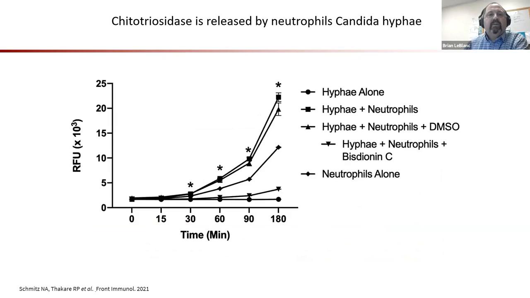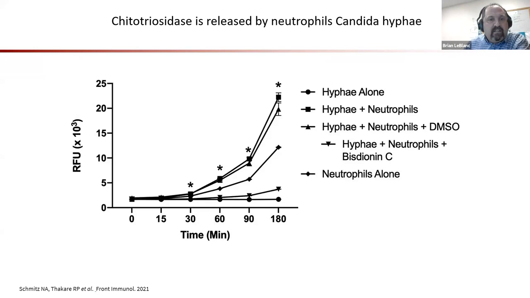So the first thing my lab did was check to see if the neutrophil will release chitotriosidase upon recognition of Candida hyphae. So we put Candida hyphae in a well and we added neutrophils. And we have a molecule that is inherently fluorescent if chitotriosidase enzyme breaks down. So it's a sort of a fluorescent molecule that is attached to chitin that when it's cleaved, it becomes fluorescent.